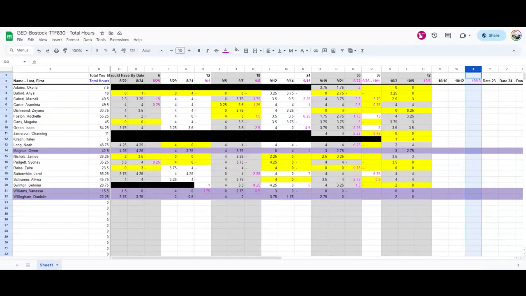The pink numbers, these purplish pink numbers, are the hours that you did in Essential Ed or Aztec. I will tell you this.